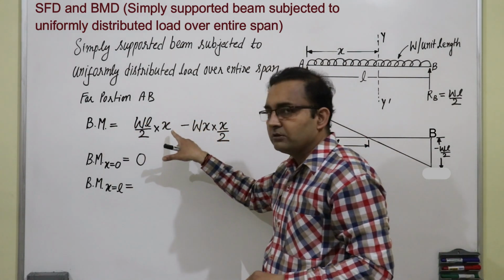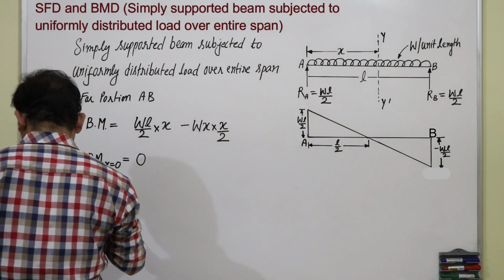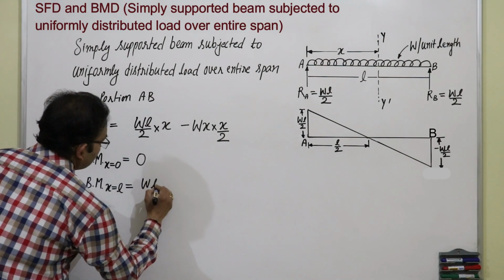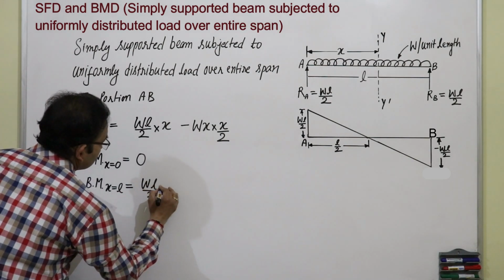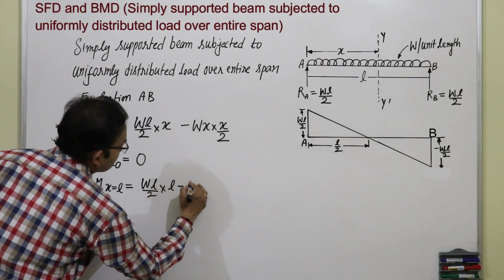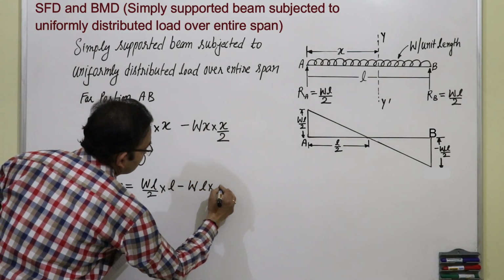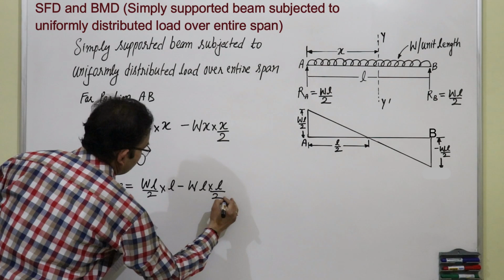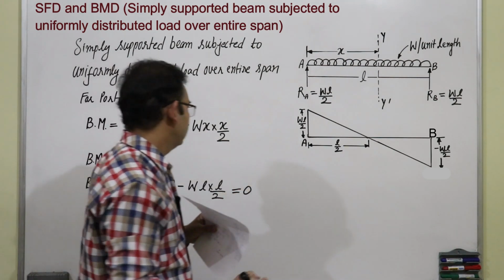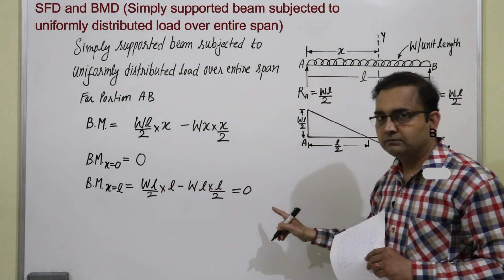We will keep x equal to L in this equation: W L by 2 into L minus W into L into L upon 2 equal to 0. So, bending moment at x equal to L is 0.